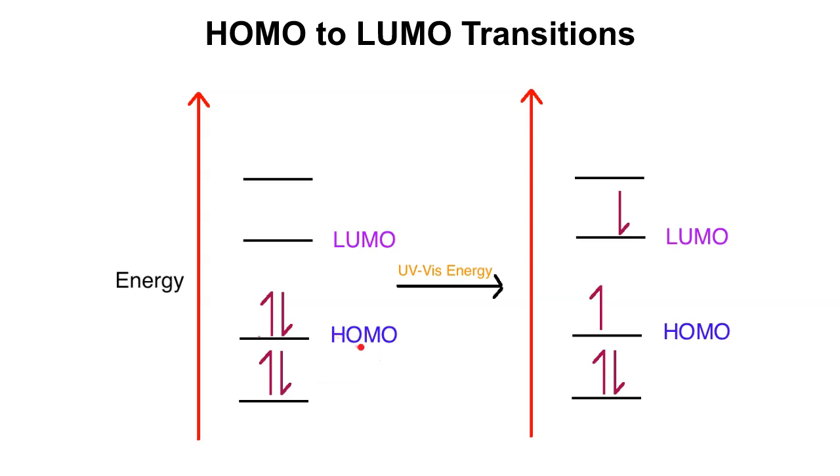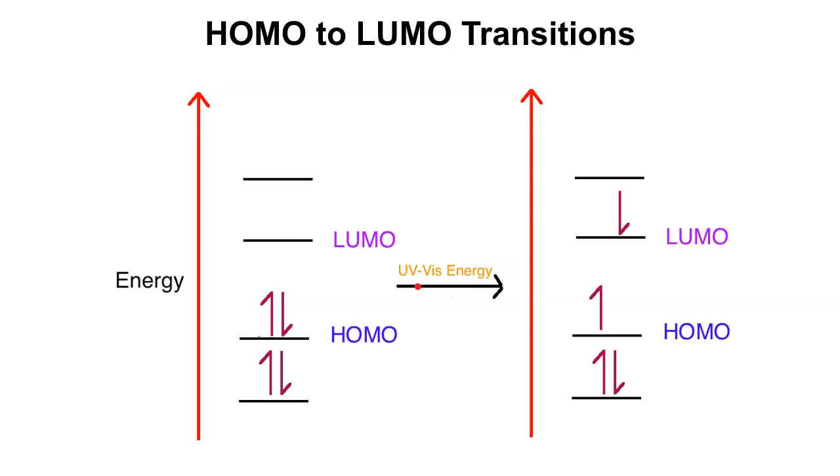I've labeled in blue the HOMO orbital, which is the one that is highest in energy that is occupied. And then the LUMO, in purple here, is the lowest one that is unoccupied. I have two unoccupied orbitals here, and the one that is the lowest in energy is considered the LUMO.